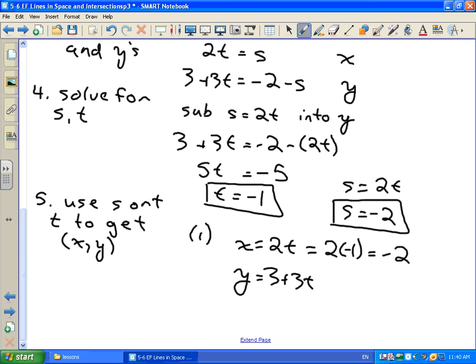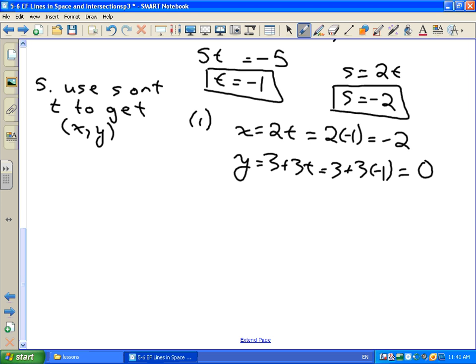Sorry, did I do something wrong? Is it 0? Oh, okay. Let's just see. 3 plus 3 times negative 1. Yeah, it gives us 0. Okay. So that's going to be our point of intersection. Negative 2, 0 is our point of intersection.